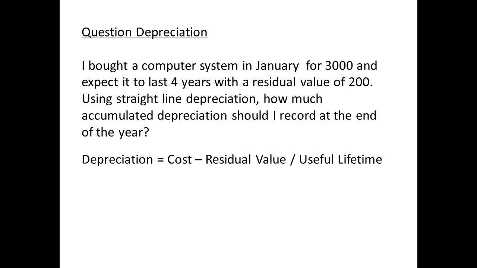Remember that by the straight line method, depreciation is the cost less the residual value divided by the useful lifetime in years. So the depreciation will be 3,000 less 200 divided by 4, which comes to 700. We will depreciate the item at a rate of £700 a year over 4 years.